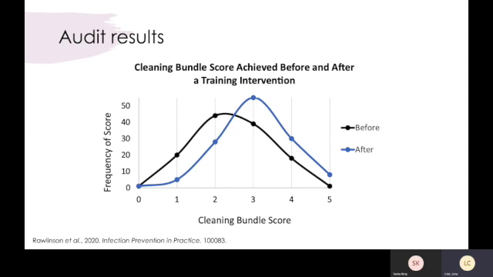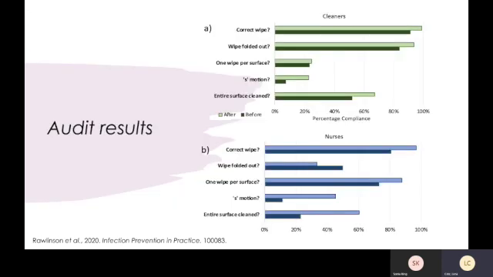So we managed to train all of the cleaners, and I think about 80% of the nurses, and clearly there was an improvement after the training, not a huge improvement, and still most people weren't getting a score of 5, but it was certainly an improvement, which is important. Especially since this was only a 15-minute training session, so pretty short.